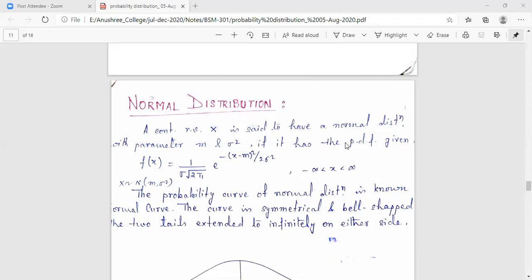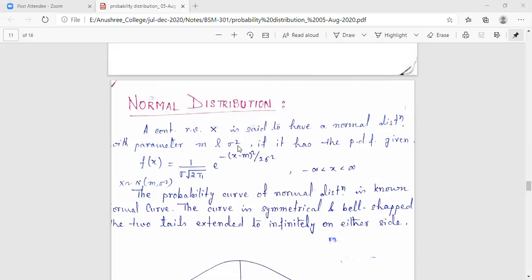The PDF is small f(x) equals 1 by sigma root 2 pi e to the power of minus (x minus m) whole square by 2 sigma square, for all values of x ranging from minus infinity to infinity. If this is the structure of the PDF, then the random variable is said to have a normal distribution with parameters small m and sigma square. This is the generalized case of the normal distribution.